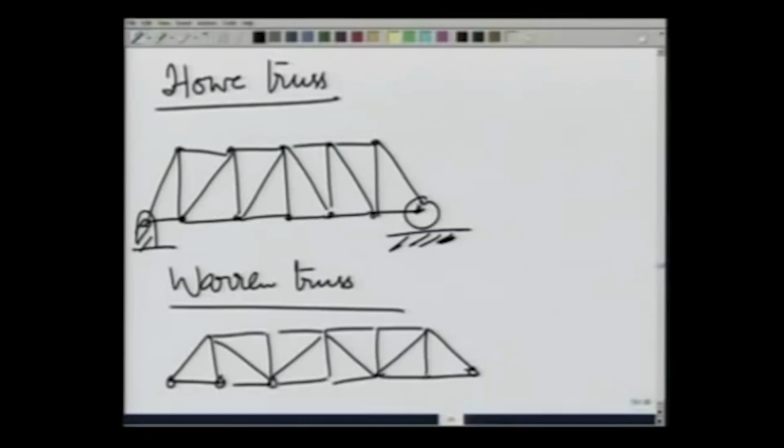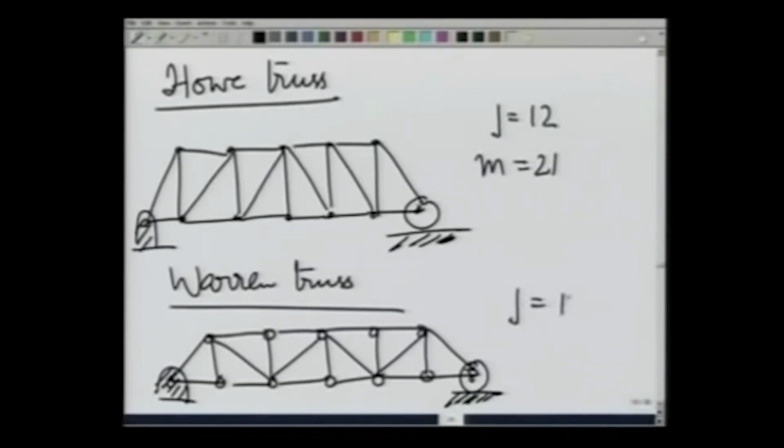So, these are different variations on the way the members and joints are fixed on a truss. And this side again I put it on a roller, and this side is fixed. Again, j equals 12 and m equals 21. So, they are consistent. So, they are also consistent for them to be statically determinate trusses.